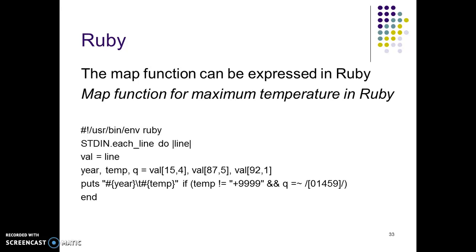There are some other languages as well where we can write the map functions. Here we are making use of Ruby, where we are using val equals line, here temp, q, and we are making use of some values, that is 15.4 for year, then for temp, then for air quality and so on. Then we are making use of the variables in the form of hash year, hash temp, and checking for the quality.